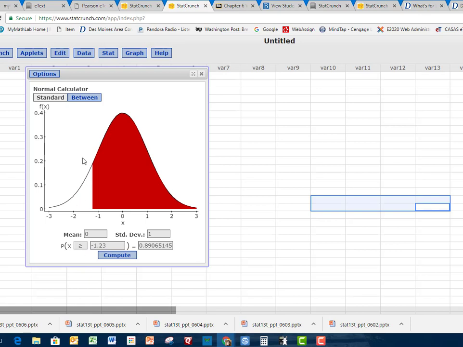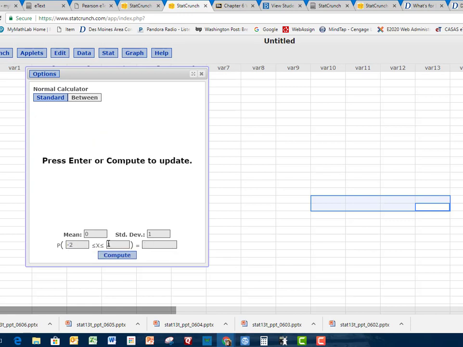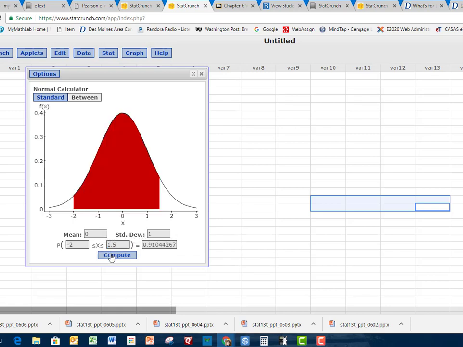Now let's look at our betweener. So I'm going to click on between, and again my mean is still 0 and my standard deviation is still 1. And now on my small end I want a negative 2, and on the high end I want 1.5. So by doing this here, I get the same answer as I got on the slide, 0.9104, but I didn't have to think about, oh my gosh, this is to the left, that's to the right.